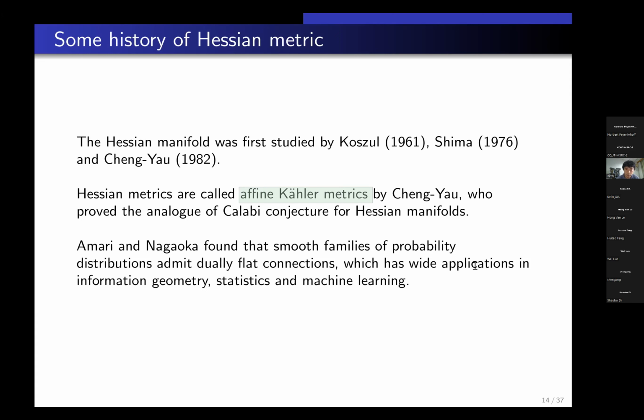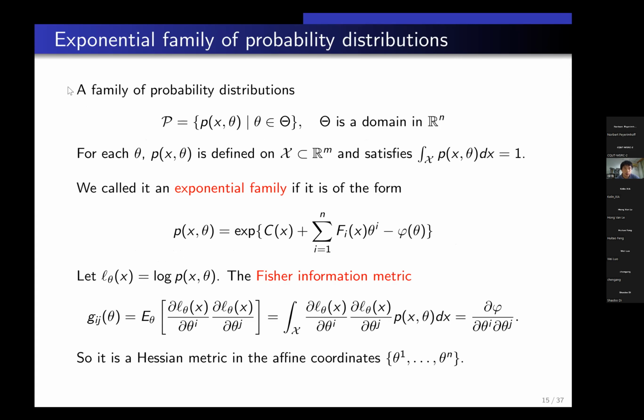We can have important applications of information geometry in statistics and also in machine learning, with the study of dually flat connections, or more generally statistical structures. So this is an example of a Hessian manifold.